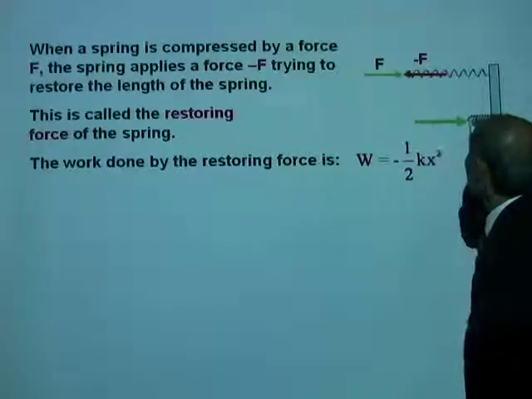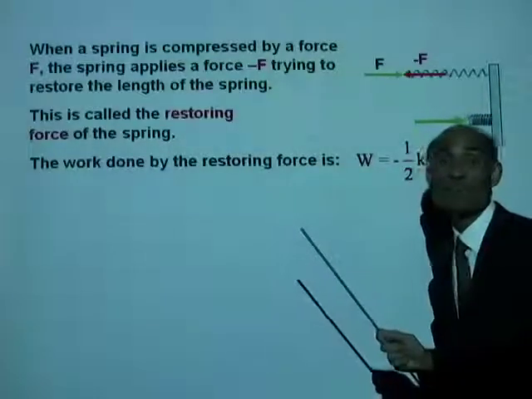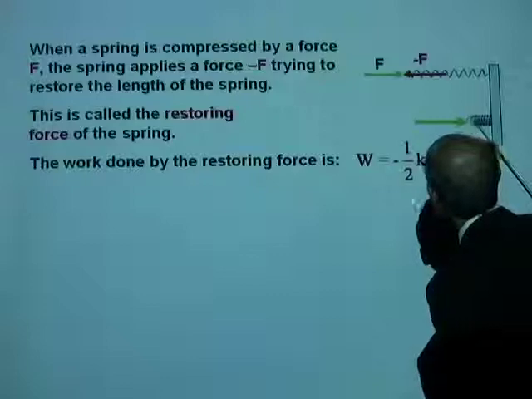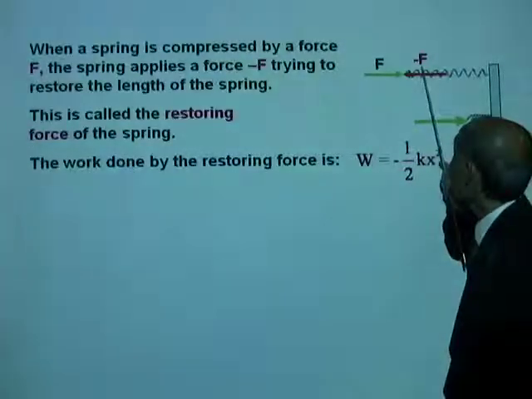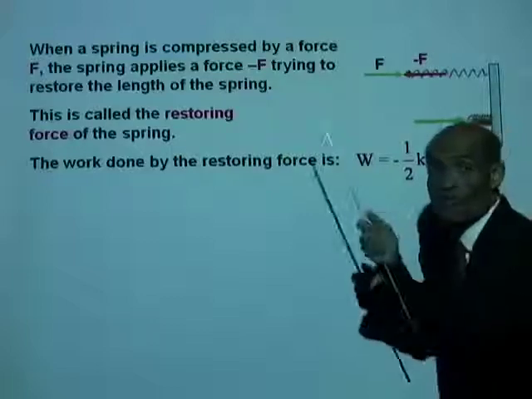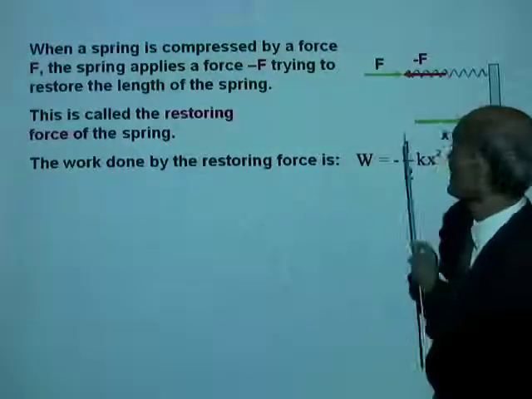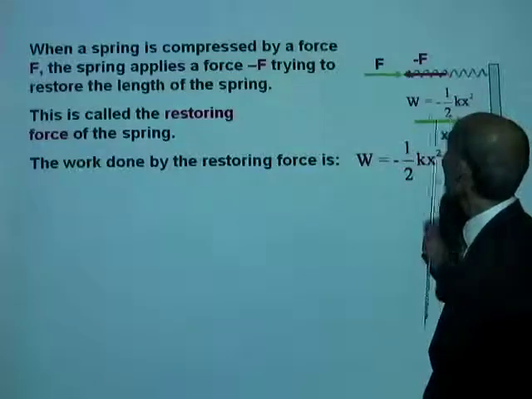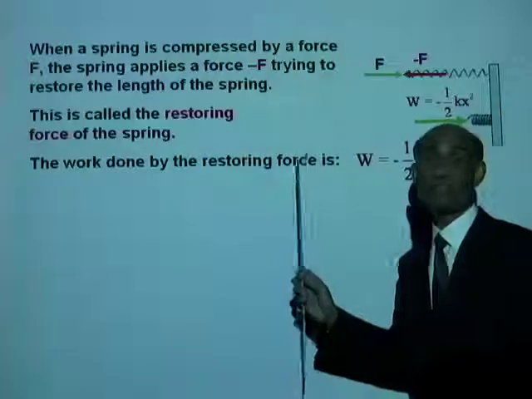Now, once the spring is compressed, if you now remove the external force, what will happen? The spring will jump back, or the restoring force will now restore the spring to its original position. What will be the amount of work done at that time?